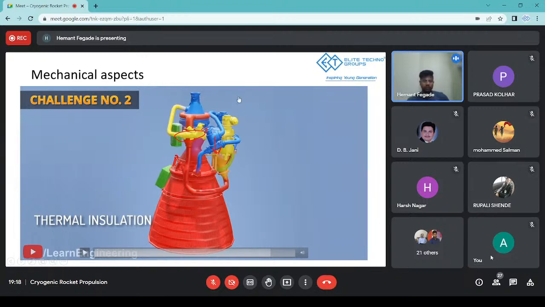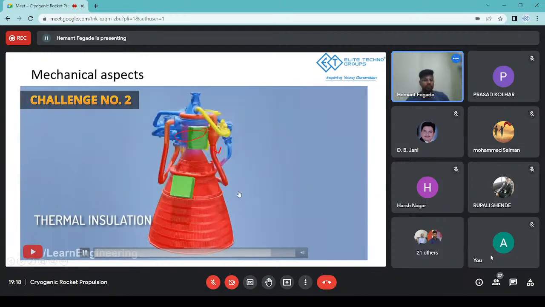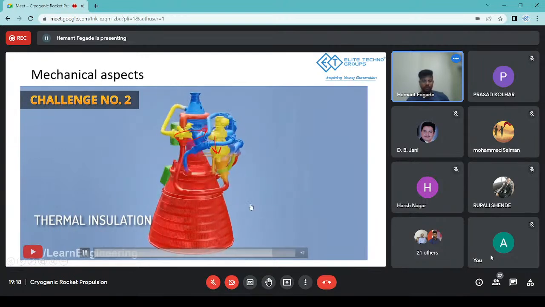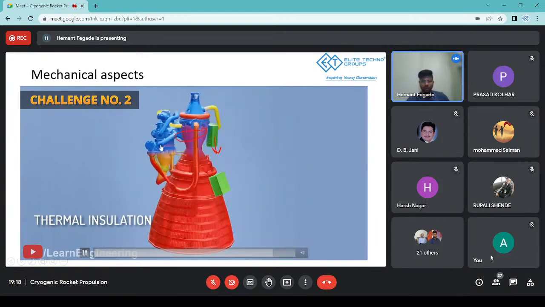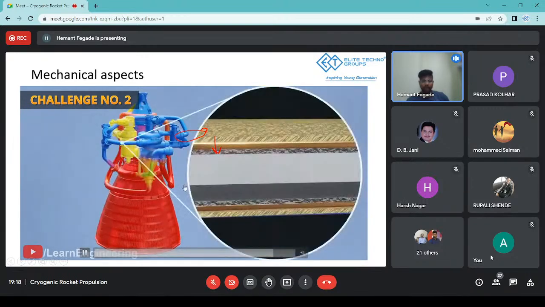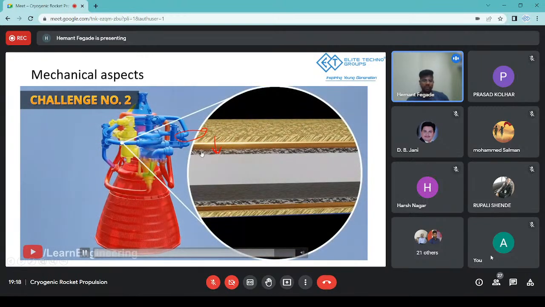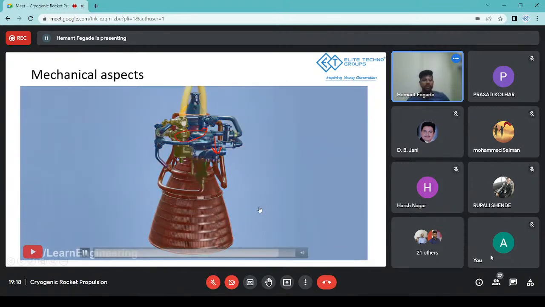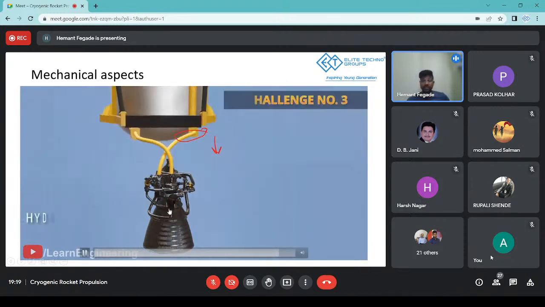So blue is comparatively lower temperature. Thermal insulation is the biggest criterion, because you want to avoid material damage at all costs. You shouldn't need additional layers of insulation. For some of the critical parts of a cryogenic engine, you need to use expensive materials like titanium and aluminum alloys, which are expensive again.